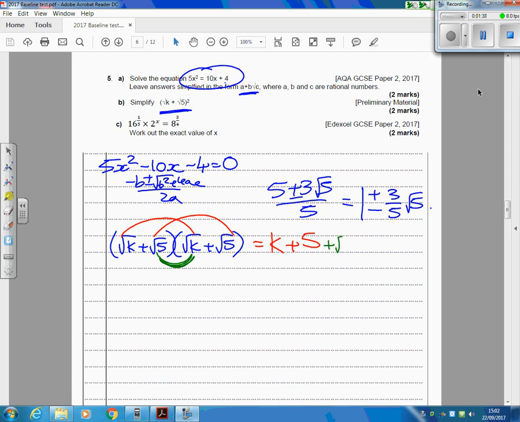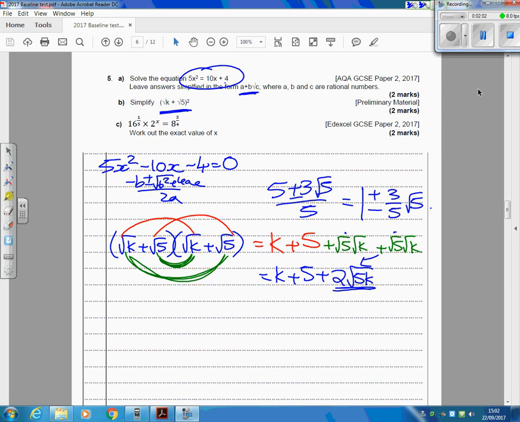Square root of 5 times the square root of k. And you get another one of those. You get a second square root of 5 times the square root of k. And so my final answer here is going to be k plus 5 plus 2 lots of the square root of 5k. Those two things together. There's one of them, then there's 2 of them.